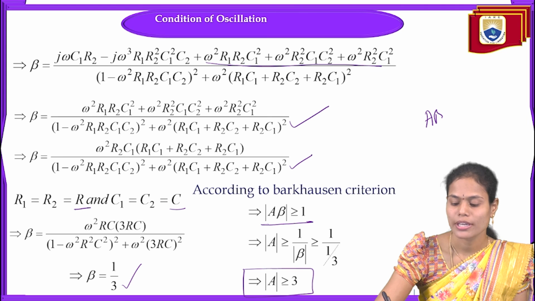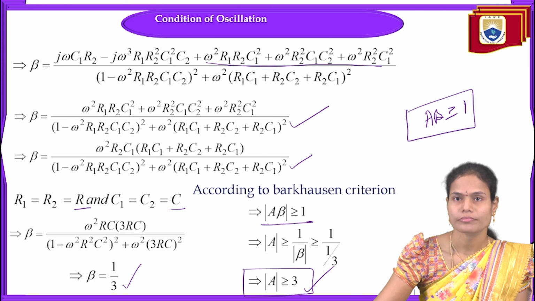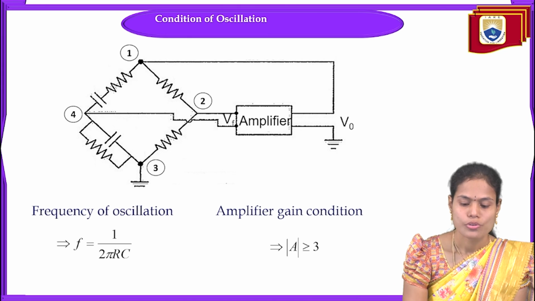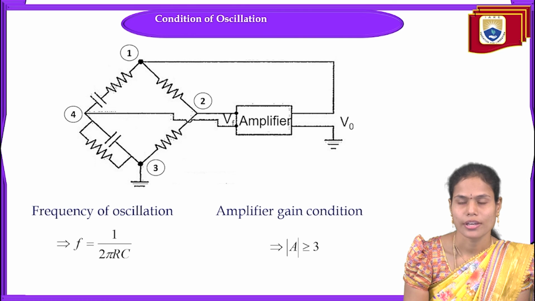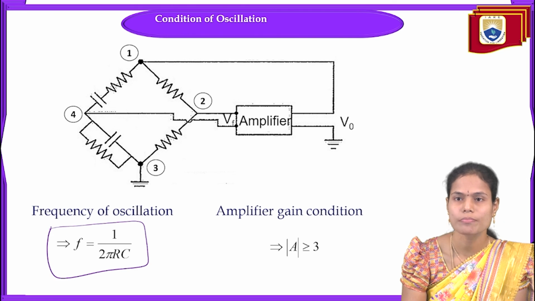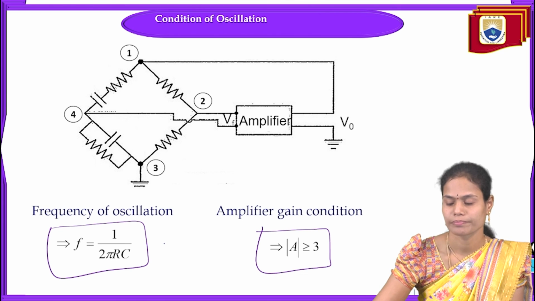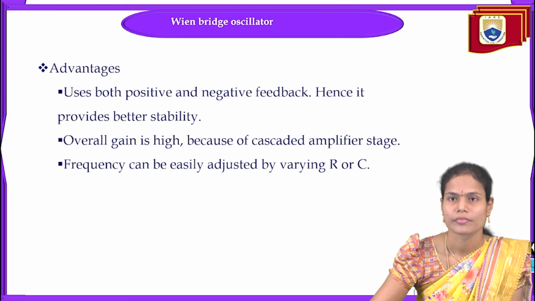Actually, it should be A beta value greater than or equal to 1, so we are getting here it as 3. So in order to design any Wein bridge oscillator, the frequency of oscillation should be 1 by 2 pi RC and the gain should be greater than or equal to 3, so that we can generate the sustained oscillations.